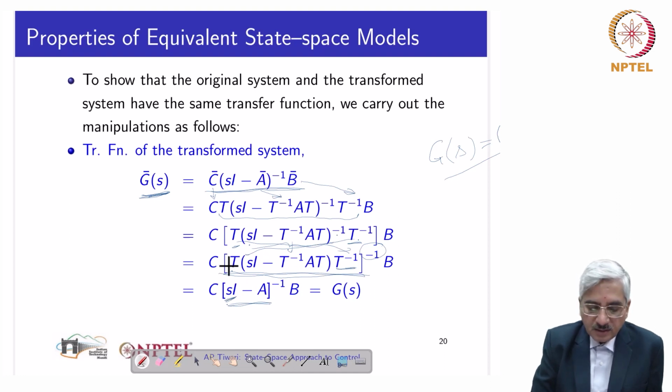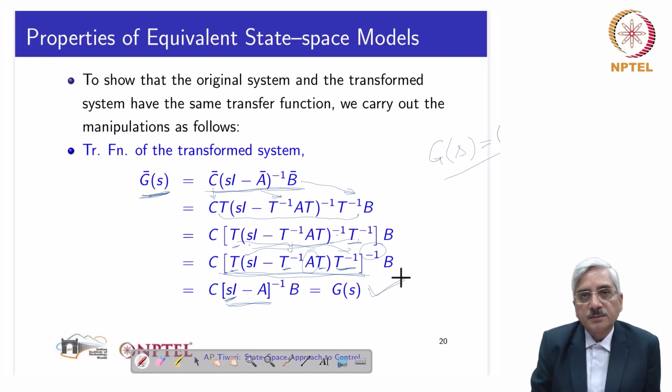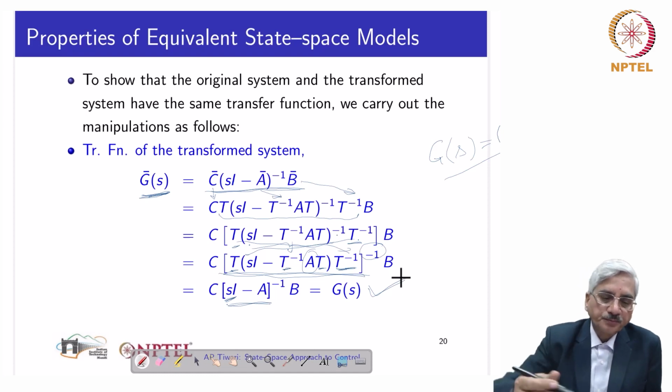In T inverse AT, this T multiplies to T inverse, leaving an identity matrix. This T multiplies to this T inverse, leaving again an identity matrix. So what remains is essentially A. So we have C times sI minus A, the whole inverse, times B. This is the transfer function of the original system, which we wanted to show, and that has been shown.